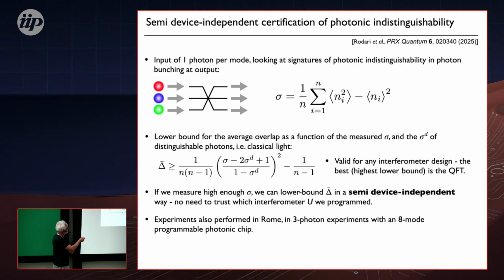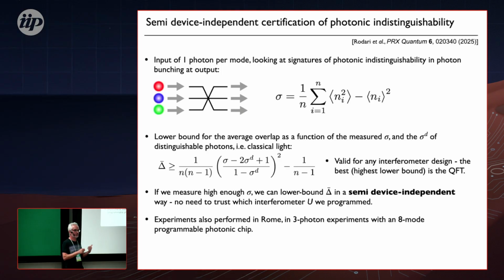And this lower bound here only depends on the variance that you observe, this average variance of photon number at the output, and on the sigma d, which is the variance for classical light, variance for distinguishable photons, okay? So you tune some interferometer, you measure the variance, you change the light to be classical, which is a simple experiment to do, and you measure the sigma d, sigma for distinguishable photons. Then this gives you a lower bound for the average overlap, okay?